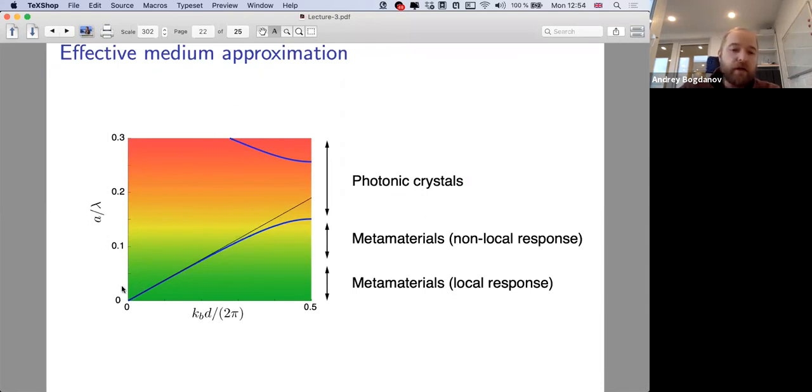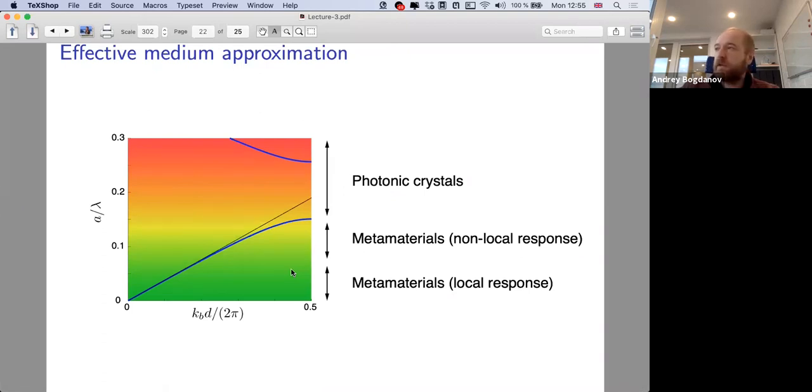When the frequency is very low, we have a standard metamaterial response, and the effective medium approach works. Then when we have a deviation from the local response, we need to account for so-called spatial dispersion. It means that permittivity epsilon will be a function of wave number: it depends on kx, ky, and kz.